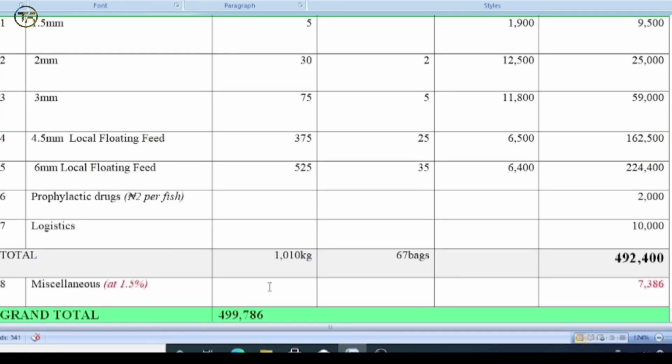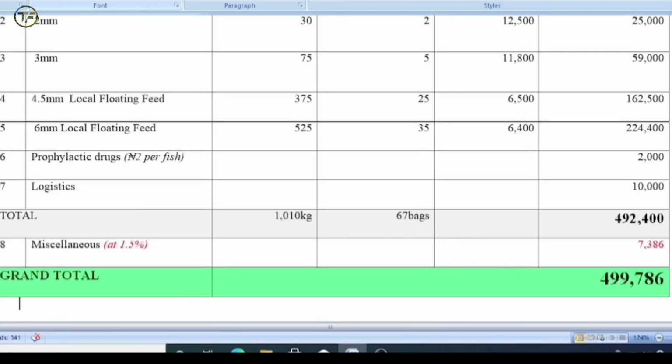So what you just have to do is approximate this, and then you're good to go. Let me increase the font as well so you can actually see that. So this is the grand total. This is the amount that you are going to need to feed and to administer medication to your fishes.